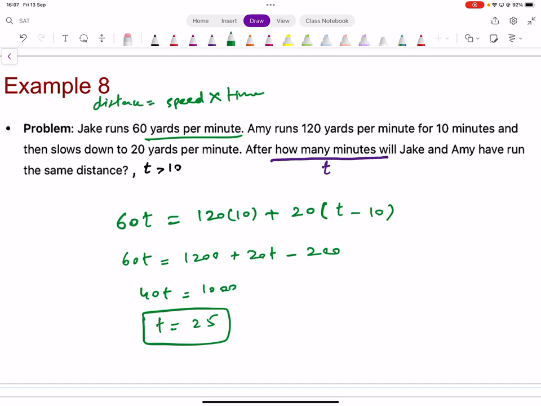Yards per minute is the speed, right? 60 into t, this is speed into time. Speed is 60, t is time. Similarly here, 120 is speed, 10 is time, 20 is speed, t minus 10 is the time. Take speed into time कर रहे हैं.